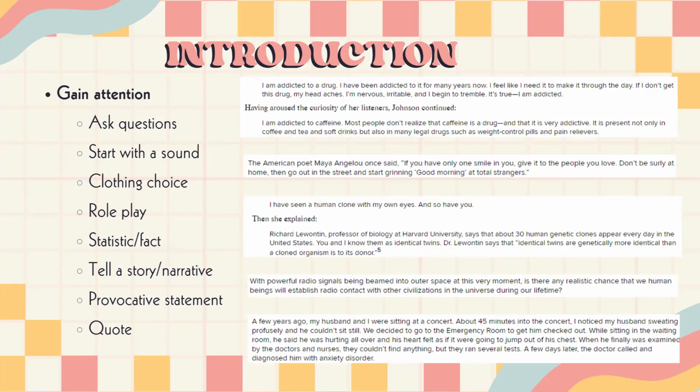If you were going to cook for us and you're wearing a chef's coat, that gains interest, because if you're standing up there in a chef's uniform, we're like, okay, wait, what's going on? What are they about to say? So that's an option, but I still need an out loud attention getter.